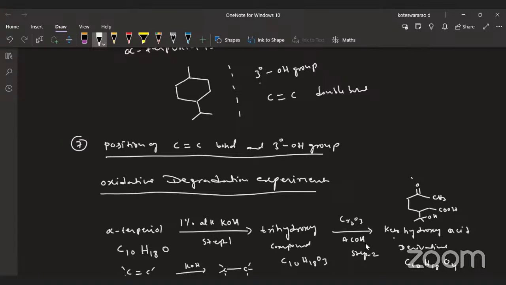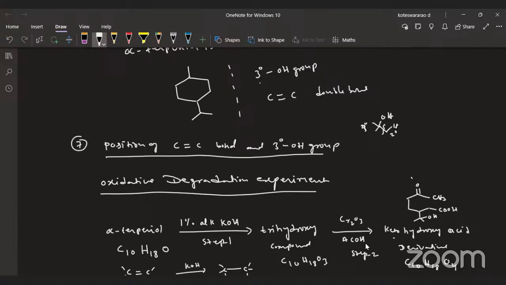Trihydroxy is converting into ketohydroxy by oxidation with chromic oxide. This chromic oxide can oxidize this diol group. Look here. This is the diol. This one is the secondary one. Now this is the secondary one. This is the tertiary one.